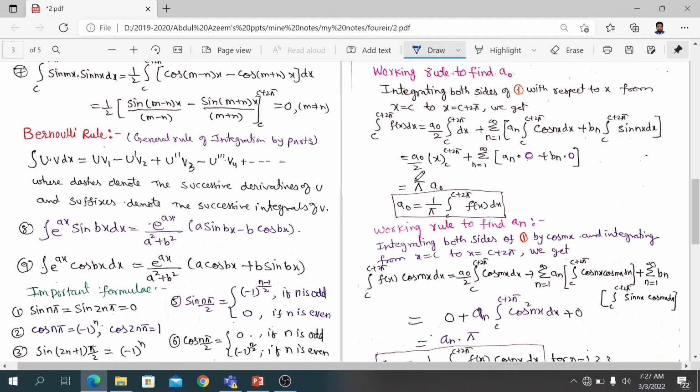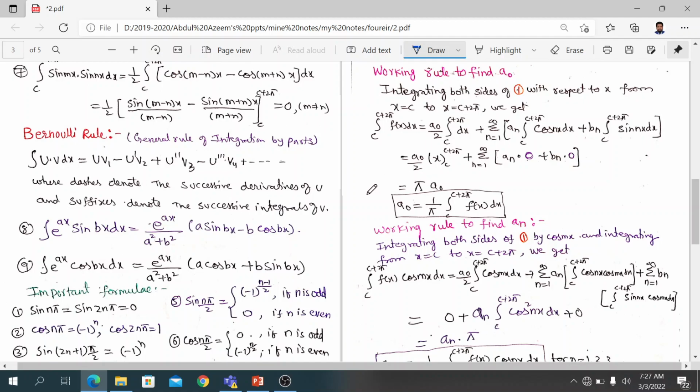A naught by 2 as it is, integration of 1 dx from c to c plus 2 pi, plus sigma n is equal to 1 to infinity of the cos nx and sin nx integrals, which we have already seen are 0. So something times 0 will be 0. The only thing left is a naught by 2 times 2 pi, so if we apply this, we get a naught. So this is the left side and this is the right side.